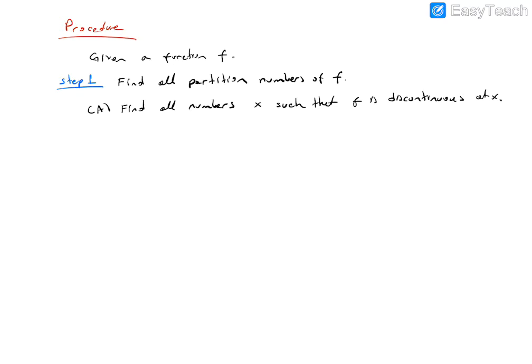For a rational function, discontinuity points are the x values that make a denominator 0. And part B, find all numbers x such that f of x equals 0.